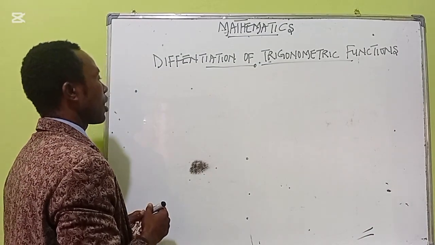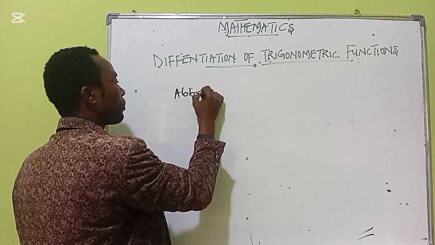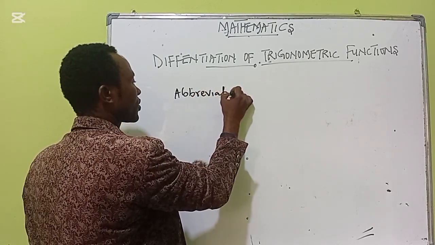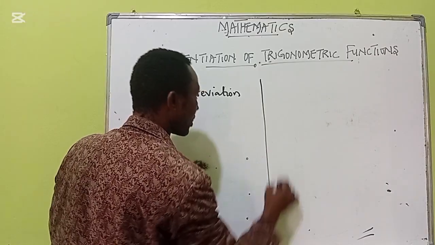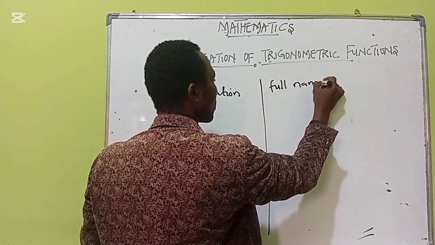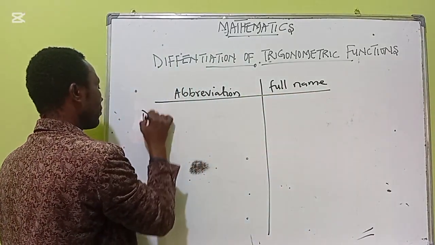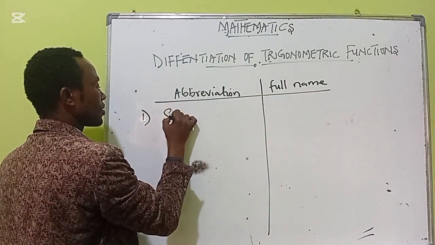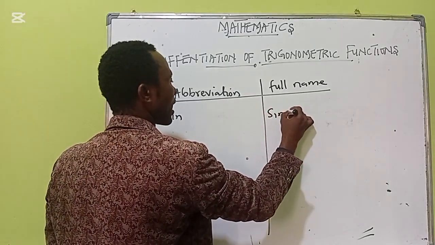Now, I will take their abbreviations. There are 6 in number, with abbreviations and their full names. The first one, number 1, is sine, written as S-I-N.